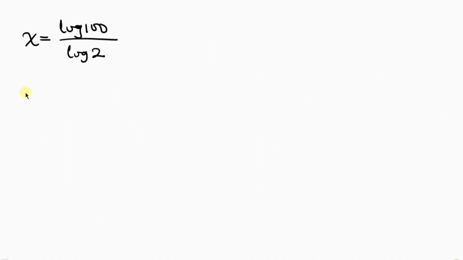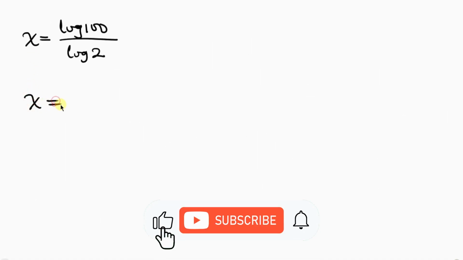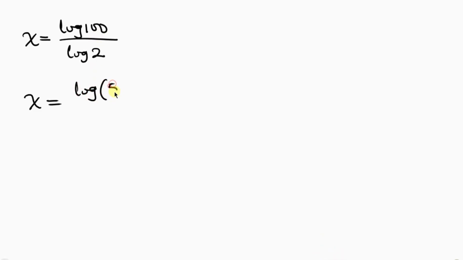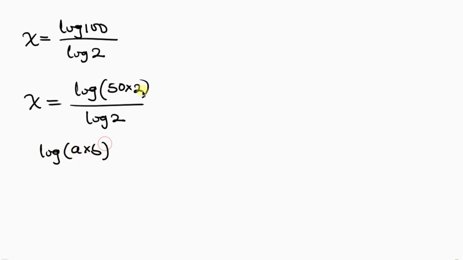So this becomes x equal to the log of 100, which is the same as 50 times 2, all over the denominator log 2. Now on the numerator, we apply the law of logarithm that says when I have the log of a times b, as it is here, this is same as log a plus log b.